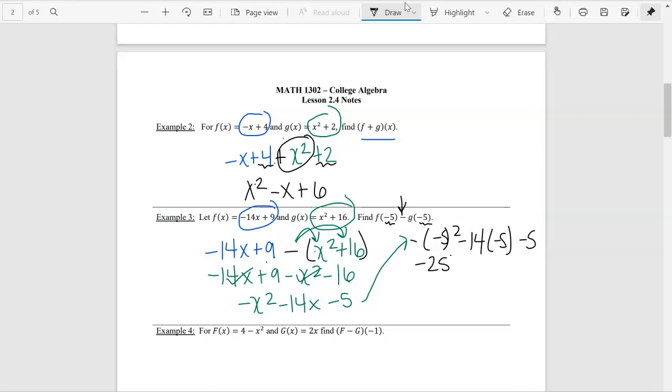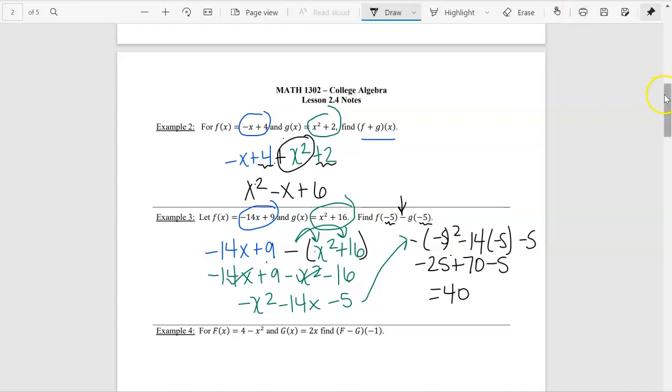Negative 14 times negative 5 is going to be positive 14 times 5, 70. Minus 5. So negative 25 plus 70 minus 5 is going to get me 40. Okay.